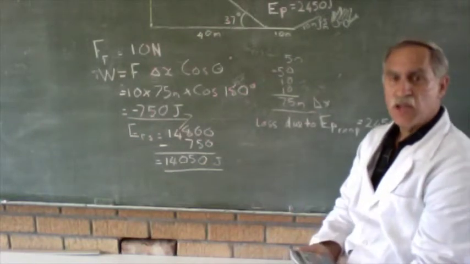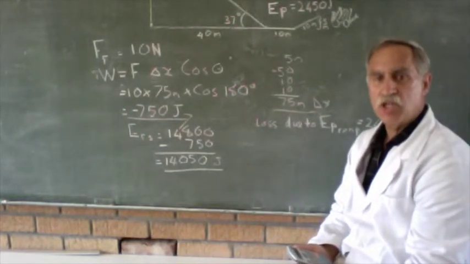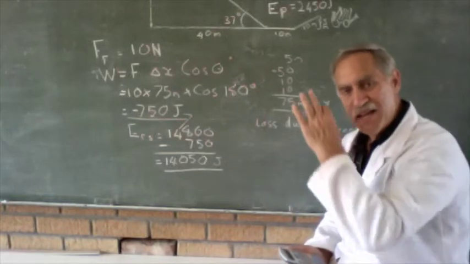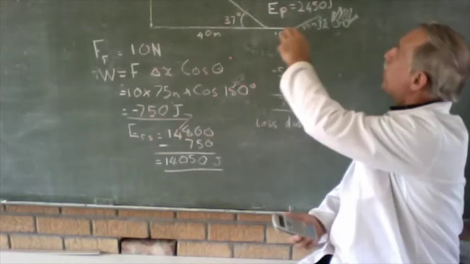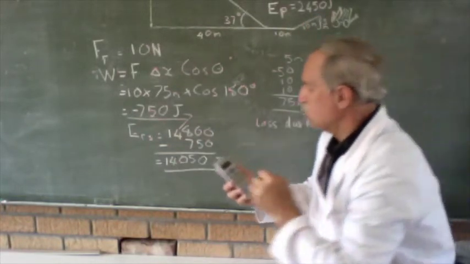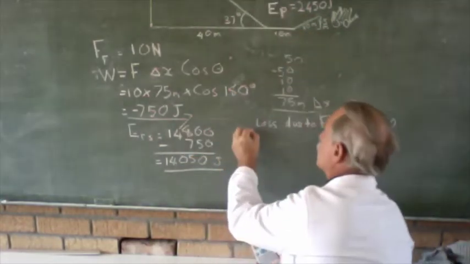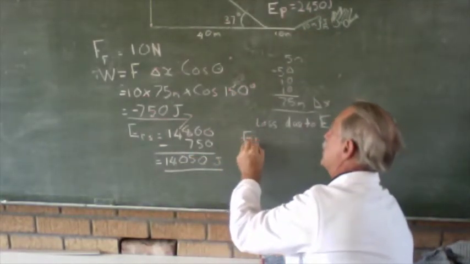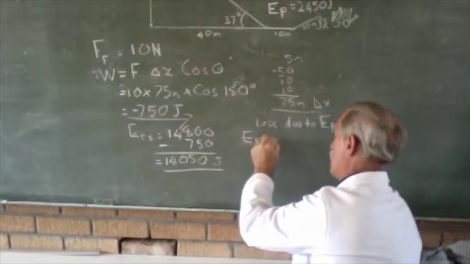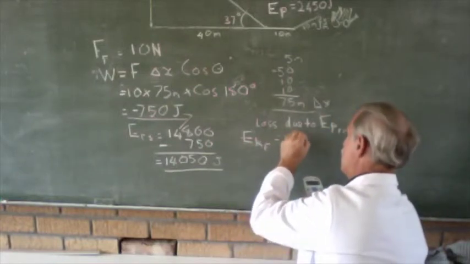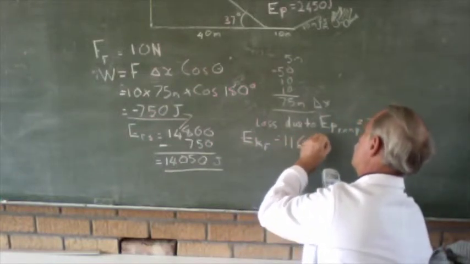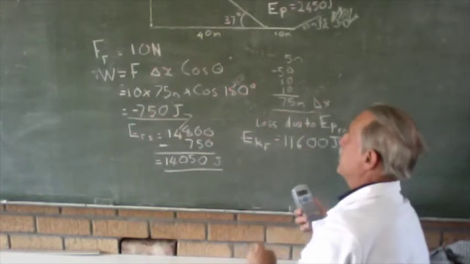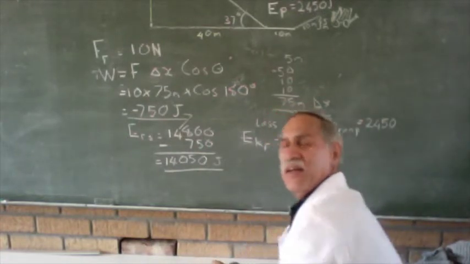and that means that the total amount of energy that is kinetic energy at the bottom of the slope, at the top of the ramp, is going to be EK at the final, equal to 11600 joules. Right?